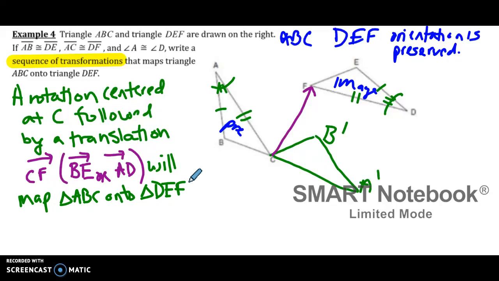Could I have identified a different order or a different rotation with a different center? Absolutely. Okay, depends on what you see.